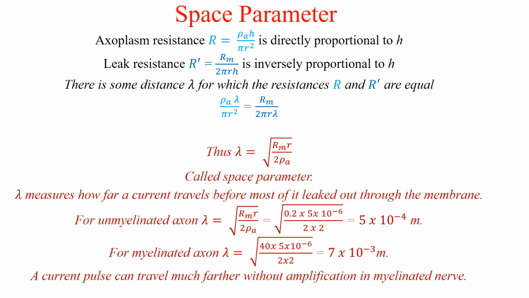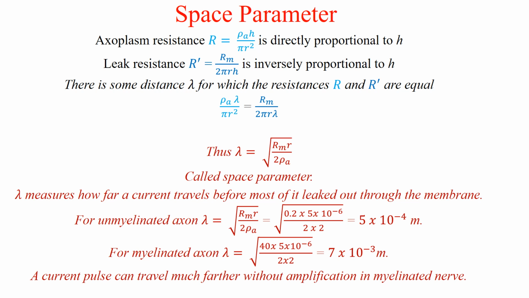For unmyelinated axon, we know that Rm is 0.2 ohm meter squared, the radius is 5 microns, and the resistivity of the axoplasm is 2 ohm meter. If you plug in the numbers, you will find that lambda is 5 times 10 to minus 4 meter, 0.5 millimeter.